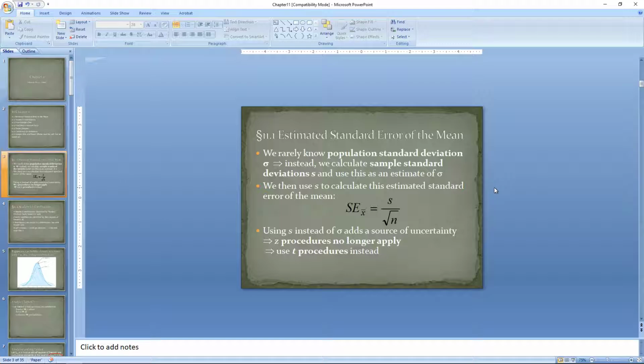So if we don't know the true standard deviation of the population, how do we estimate it? We do it by calculating the standard deviation with S. So using S instead of sigma adds a source of uncertainty, and the Z procedures no longer apply, and we use T procedures instead.